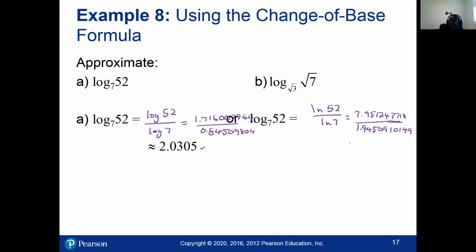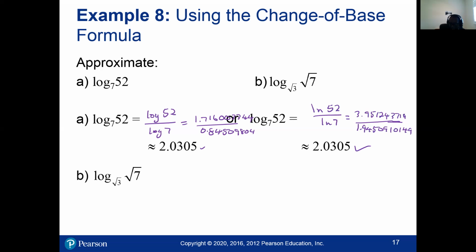When you divide this by that, that should approach the same value. So as you could see, it doesn't matter which base you change to, either base 10 or base e, you get the same results.